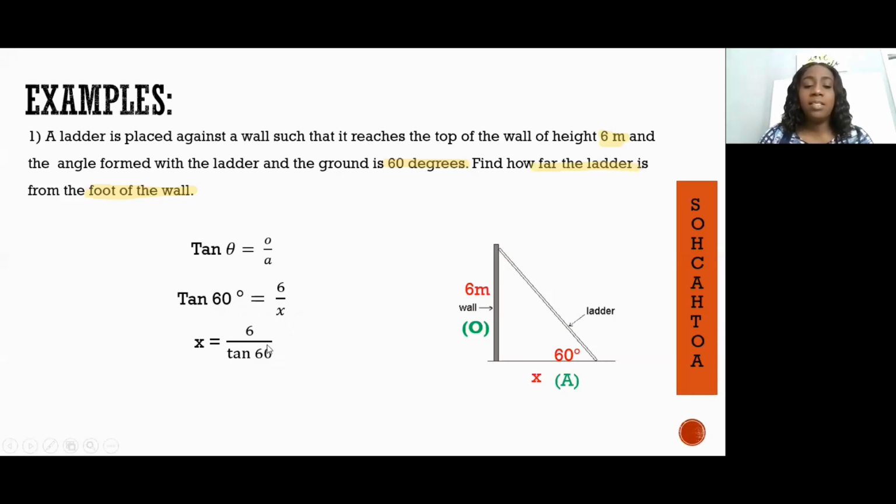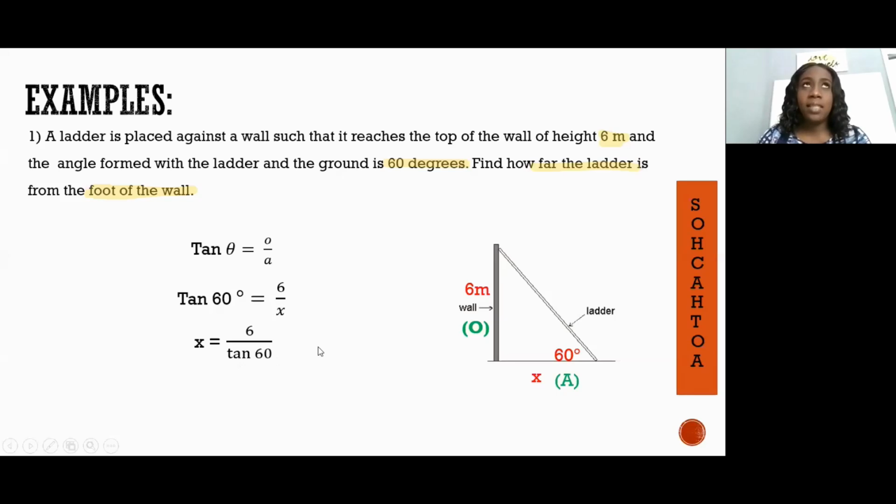So in your calculators, if you have a little screen calculator, you're going to put 6, then divide, then 60, then press tan, and then equal. Like the text is, 6, then divide, then 60, then tangent, press equal.